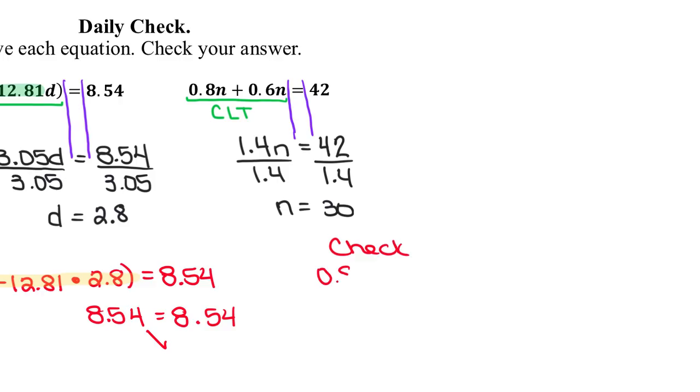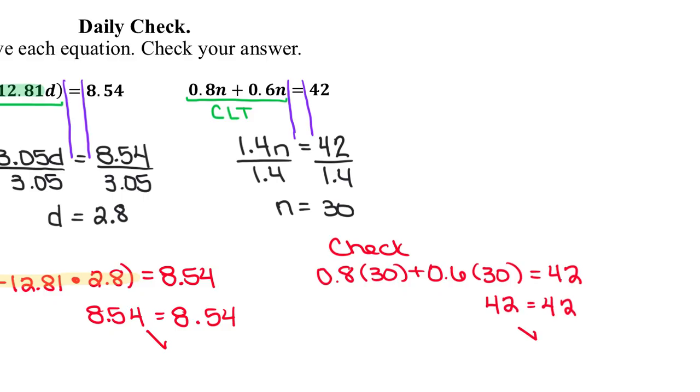So 0.8 times 30 plus 0.6 times 30. We want it to equal 42. Reagan, does it equal 42? She says it equals 42. So we've proven our answer to be correct.